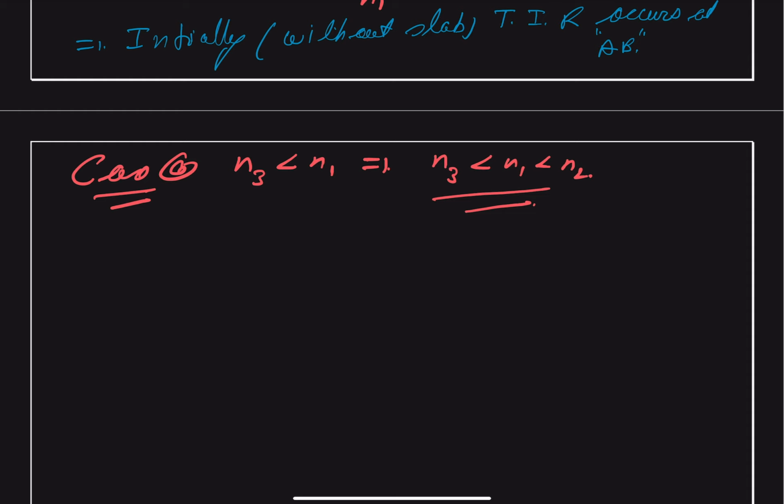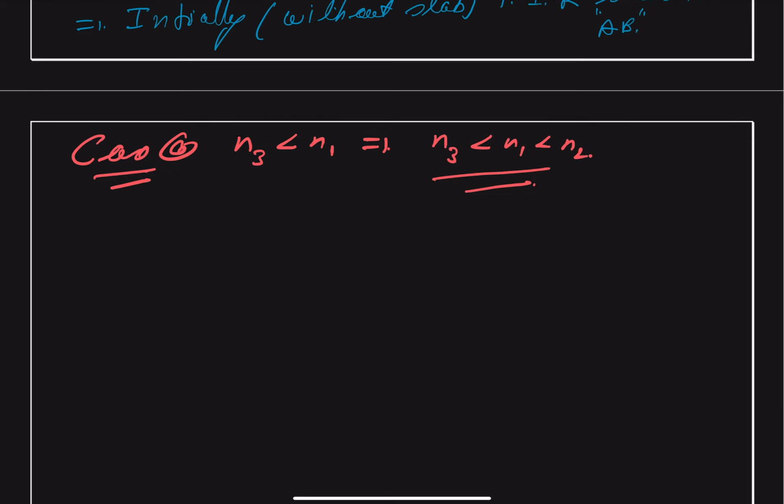So therefore we can write that n2 upon n3 is greater than n2 upon n1, and in terms of angle we can write sine inverse of n2 by n3 is less than sine inverse of n2 by n1.